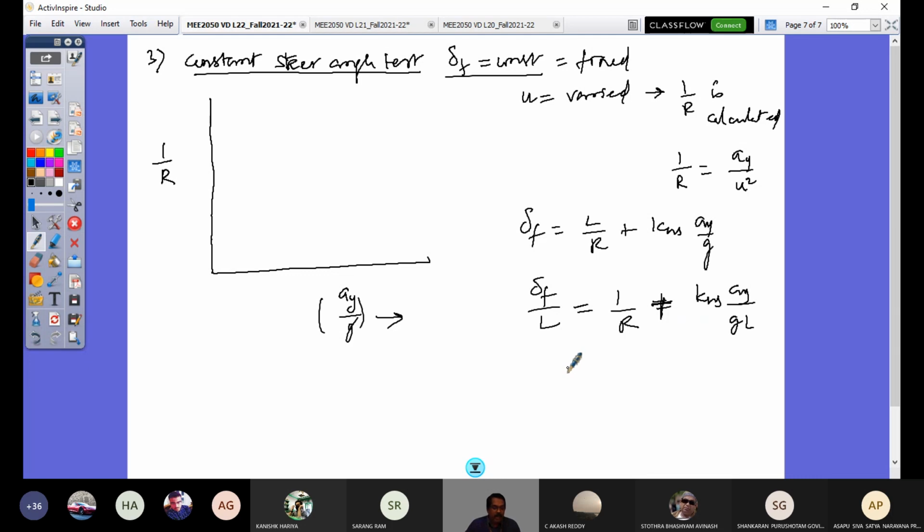And here 1 by R, bring it to the side, is delta F by L minus KUS into AY by GL.